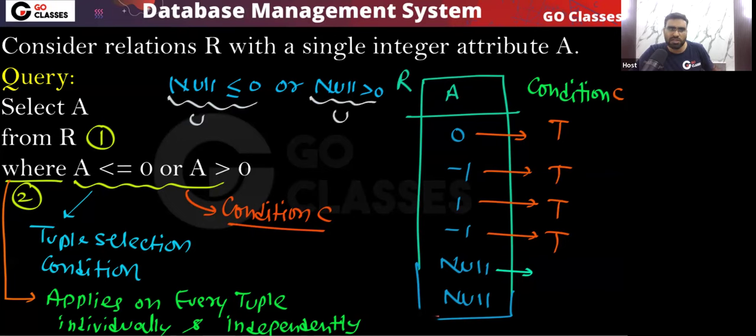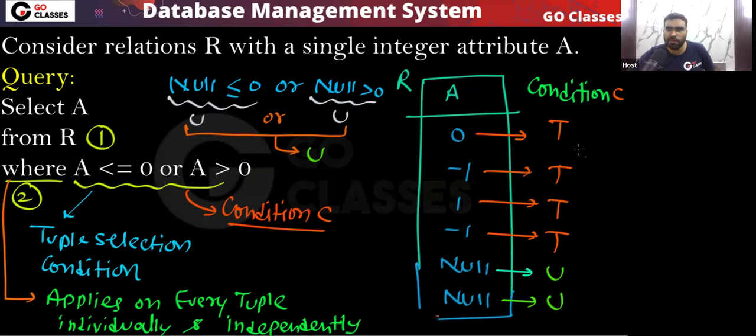What is unknown or unknown? That also will be unknown. Okay, yes or no? So for this tuple, the tuple selection condition C will become unknown. For this also it will become unknown.